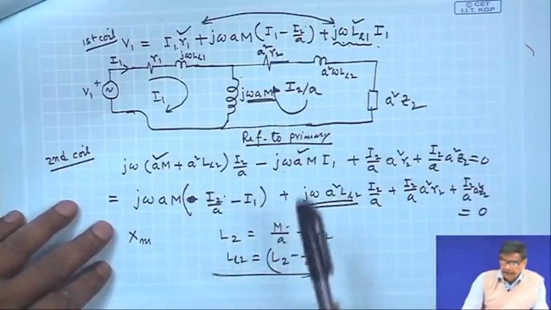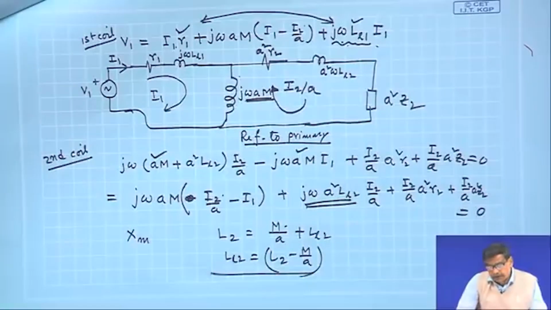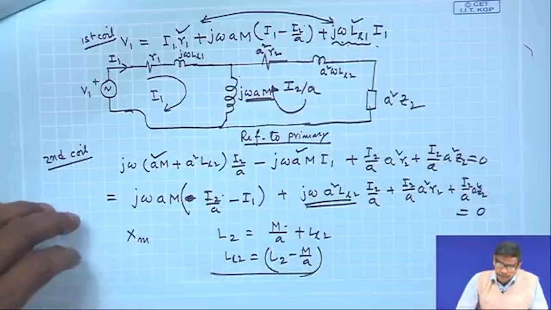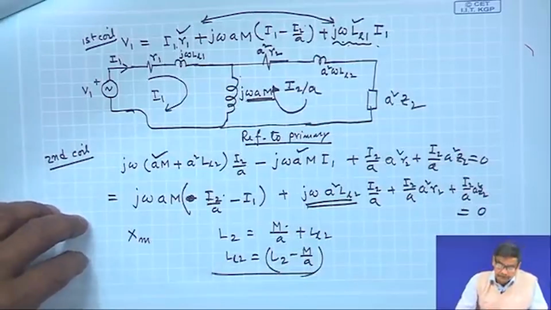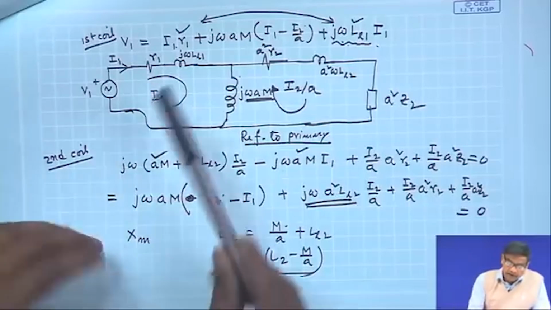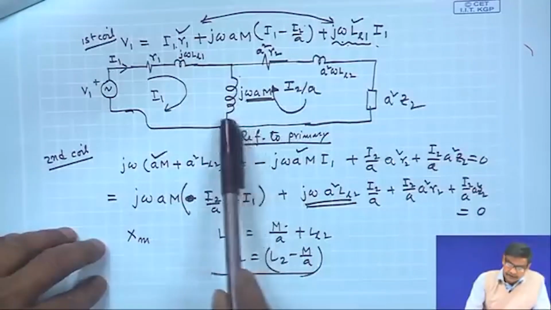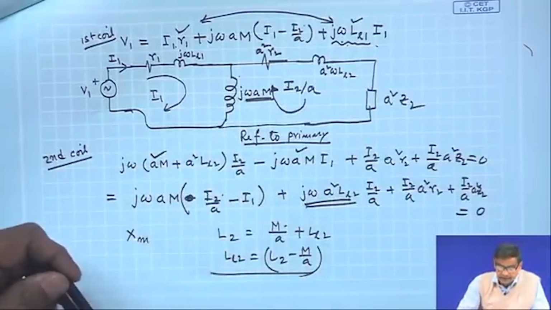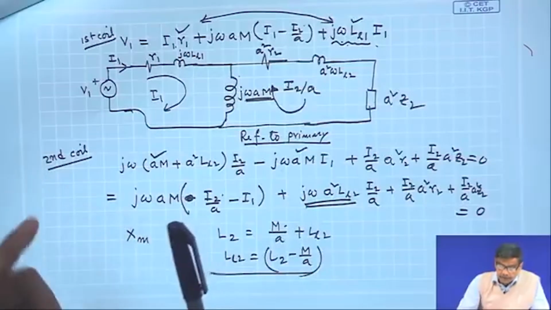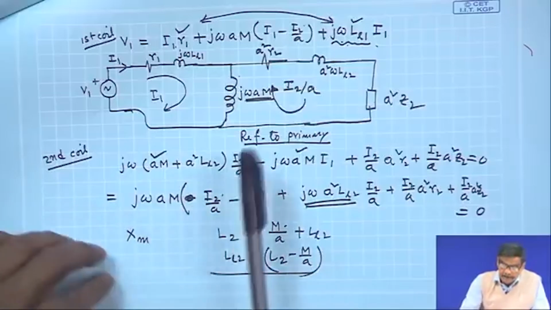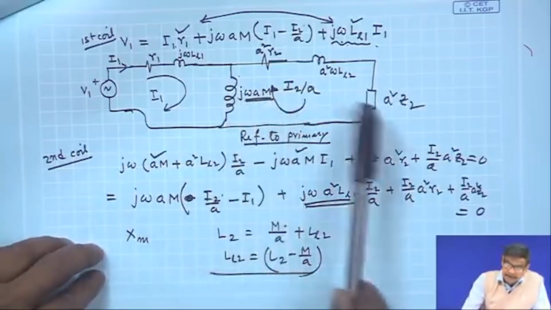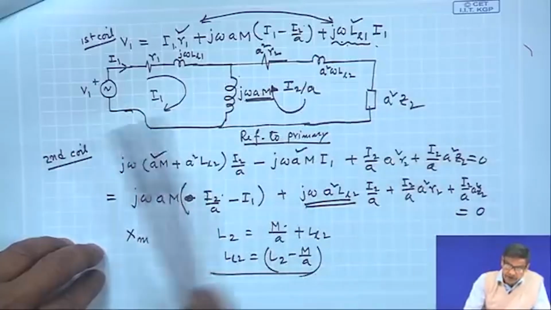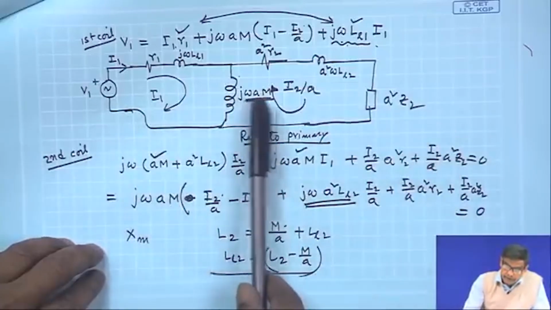And is it not the same equivalent circuit we got from physical considerations of a transformer? See, R1, and this is the leakage reactance, and this is the mutual reactance, which we denote by Xm. But in terms of M, it is omega times M, where a is the turns ratio N1 by N2.